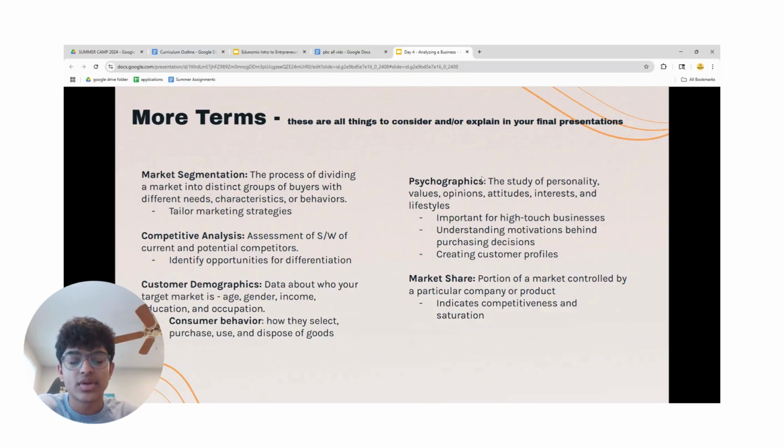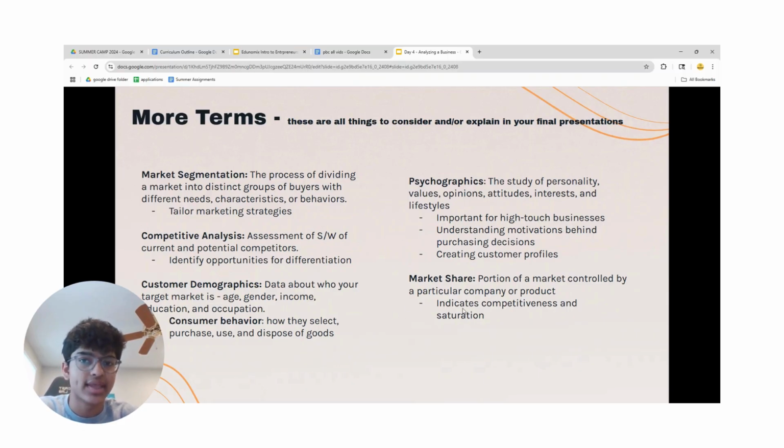Because one bad customer service rep could literally decrease sales by a huge chunk. Also, if it's a repeated touch point, then creating customer profiles is often a huge thing that can help a business, especially since this is the PBC. You're going to be working with these local businesses, and so I think that's pretty huge.